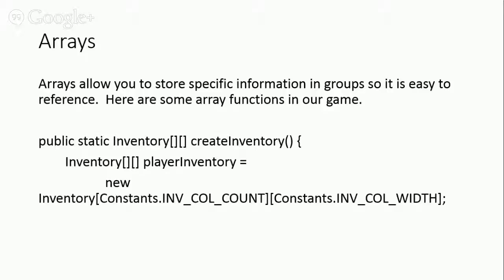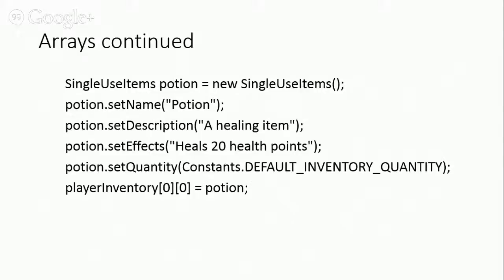Here in the next part, we're starting to populate the inventory array. Single-use item inherits from inventory, so we're able to pull that in here, and then we can set all of the different attributes of this particular single-use item, and then we can store all of those in this position of the array.